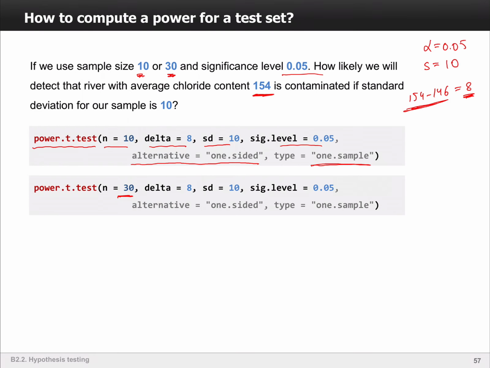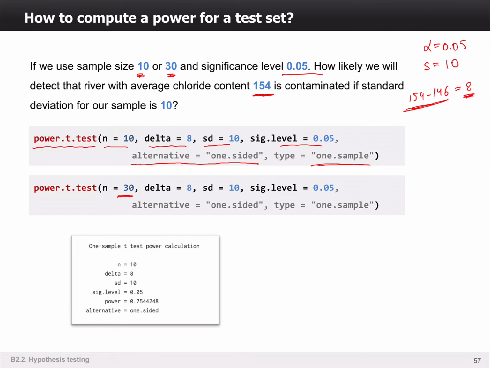Okay, so if I run these two tests, I made a screenshot of our output. So that's the screenshot for the first output. You can see the one-sample t-test power calculation, this is n, this is what we have defined. Delta, we also know that. The standard deviation for the sample, the significance level, we knew that, but that's the power, the calculated value.